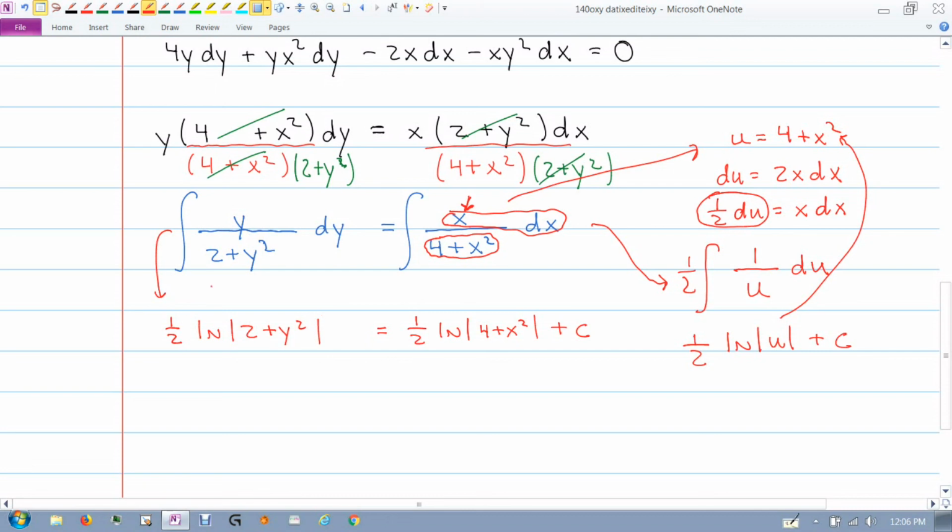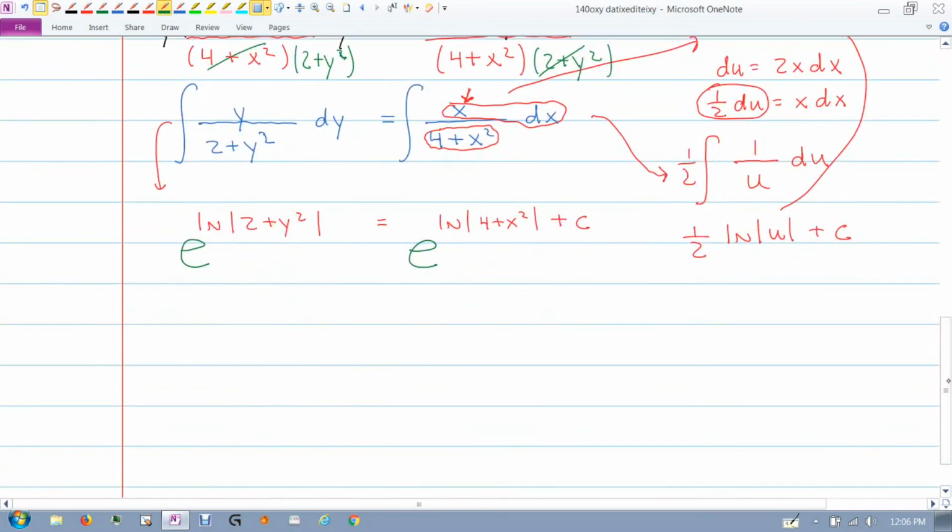Okay, so they multiply both sides by 2. Okay, so we can do that. Kill that, kill that. And then they come in here and they do e here and e here. So when they do that, e on both sides, they get 2 plus y squared here. And then over here, remember this e, because of this plus right here, that can really be written as e to the c multiplied like that.